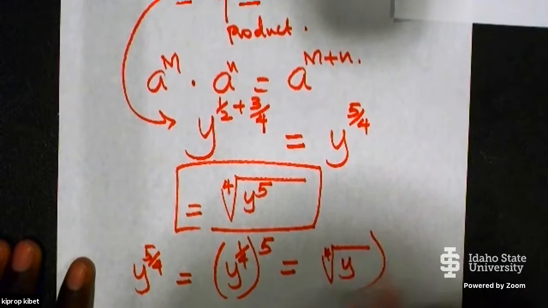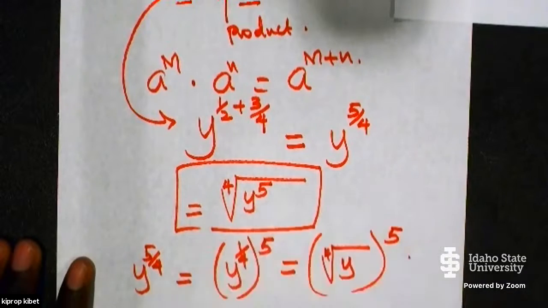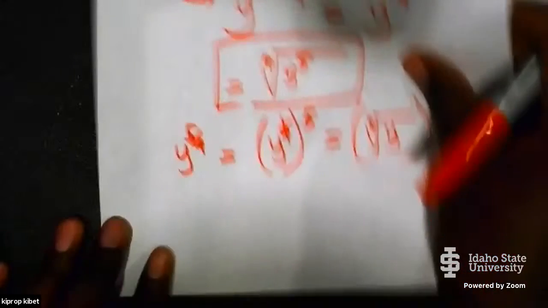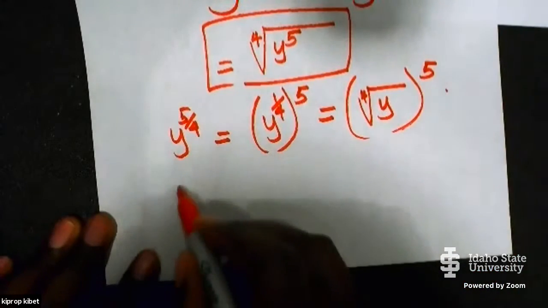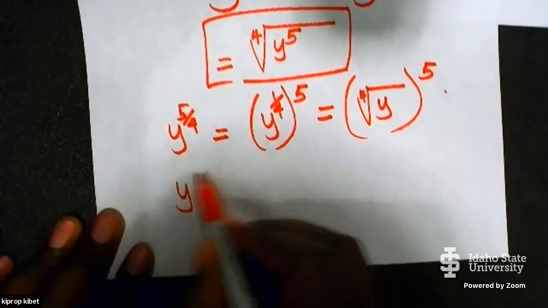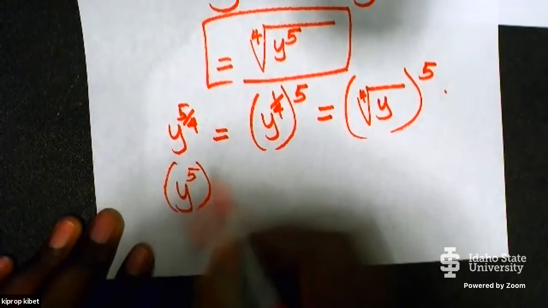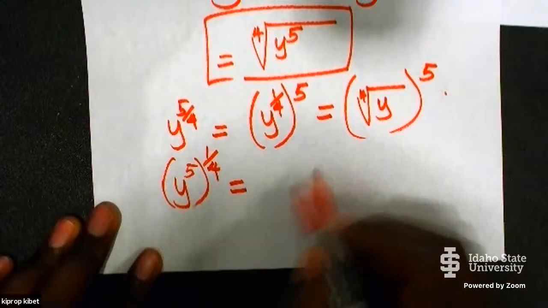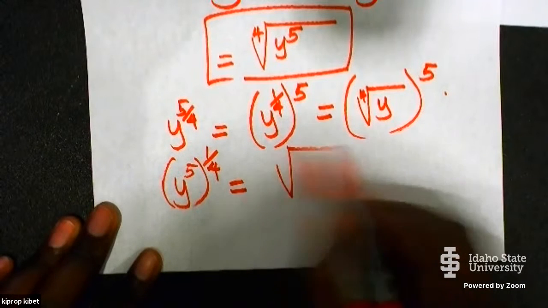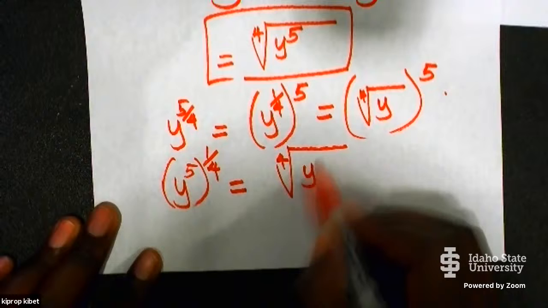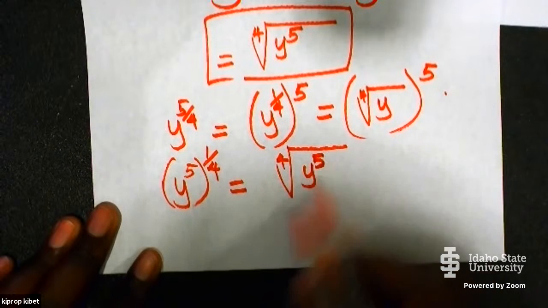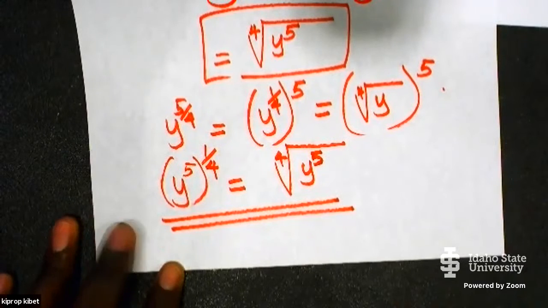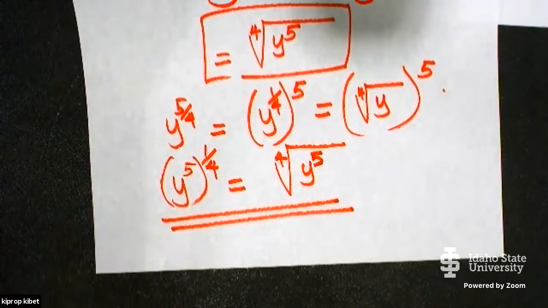Of y raised to what? Raised to 5. Which is also similar to y raised to 5 raised to 1 over 4. And this one is equal to what? Y raised to 5.